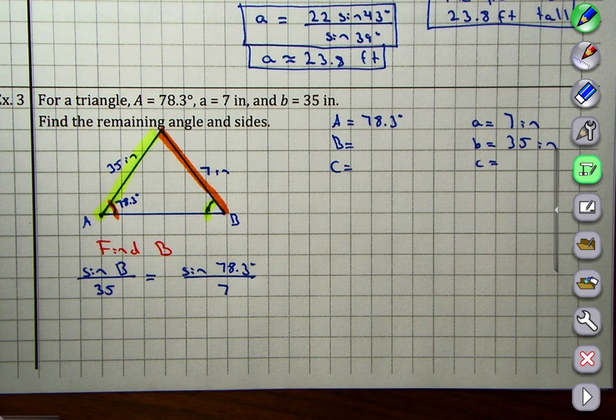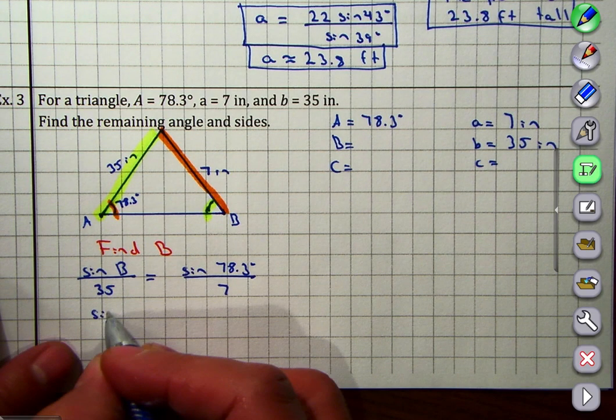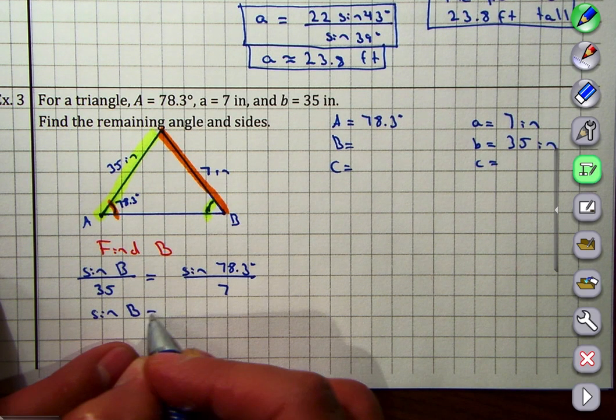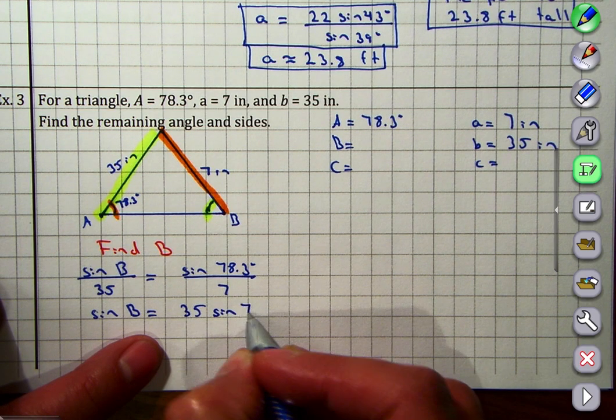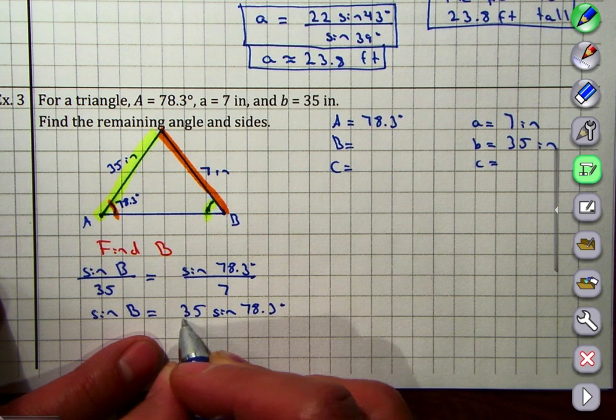I'll multiply both sides by the 35, so that will give me the sine of B is equal to 35 sine of 78.3 degrees over 7.